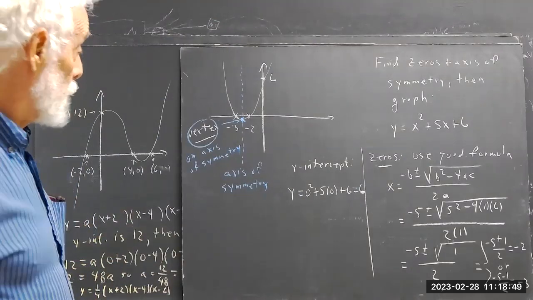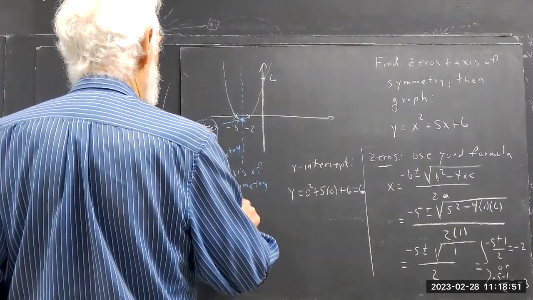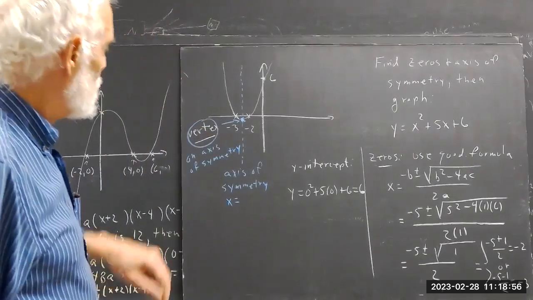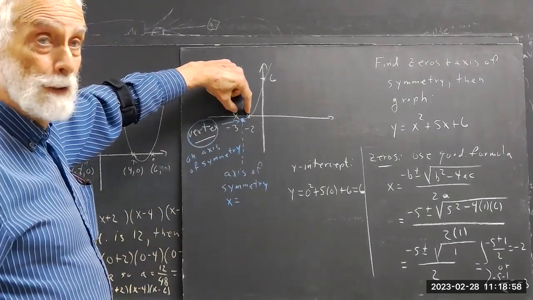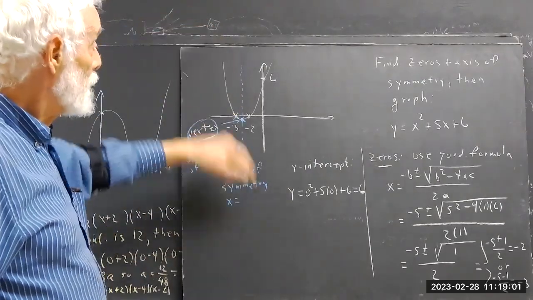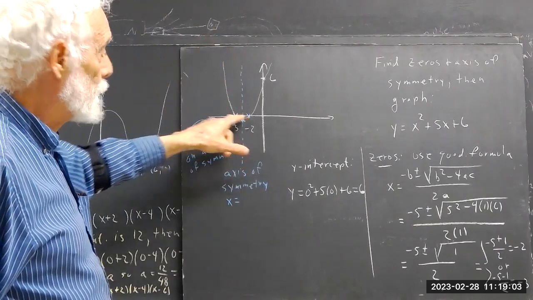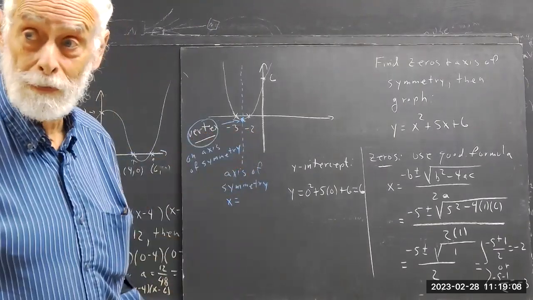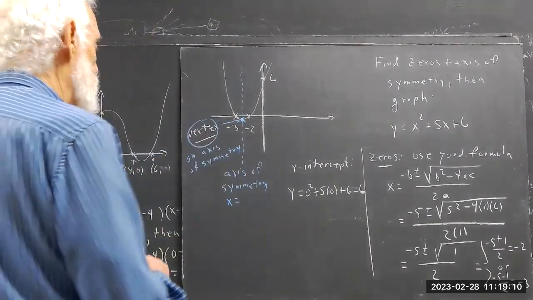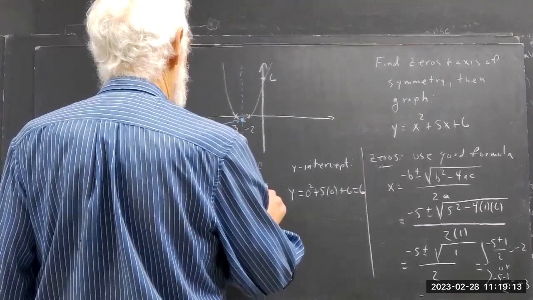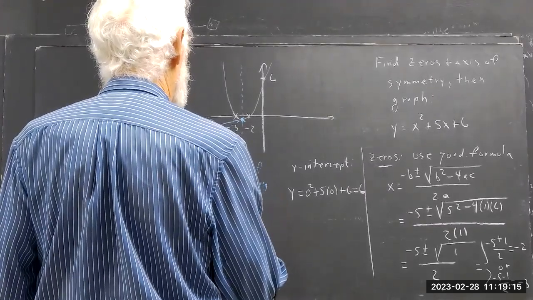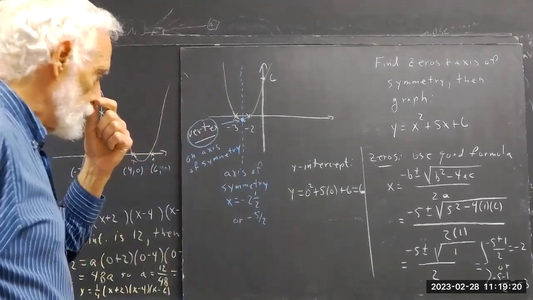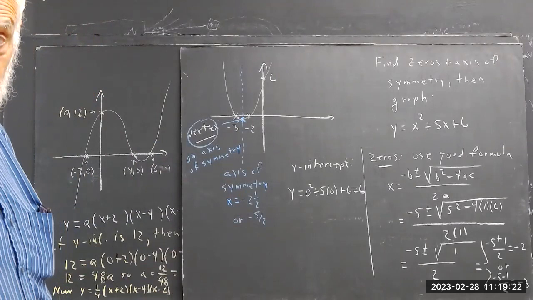And what's the equation of the axis of symmetry? You can tell what it has to be because it's halfway between the two zeros. You wouldn't have symmetry if the axis of symmetry wasn't halfway between your zeros. And halfway between your zeros is -2.5, which is also -5/2.